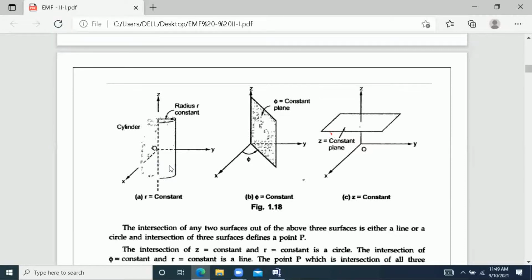So that would be your AR. That would be your A normal for the curvature of your cylinder. This is your cylinder. This is half of your cylinder, right? So the direction of this surface defined by this radius would be in the AR direction. That's the direction that's normal to the surface.